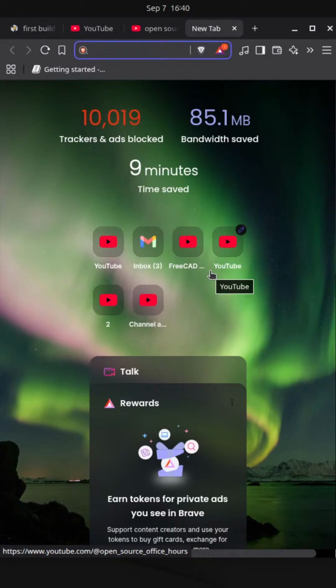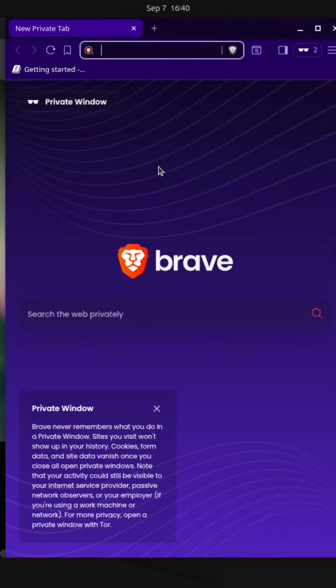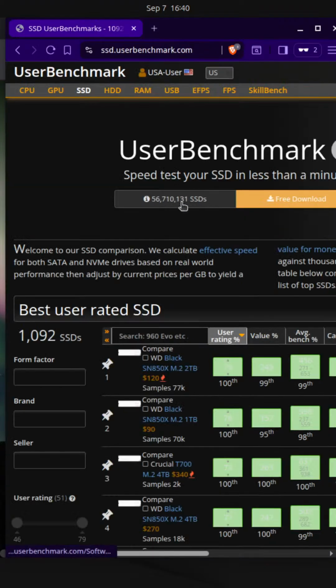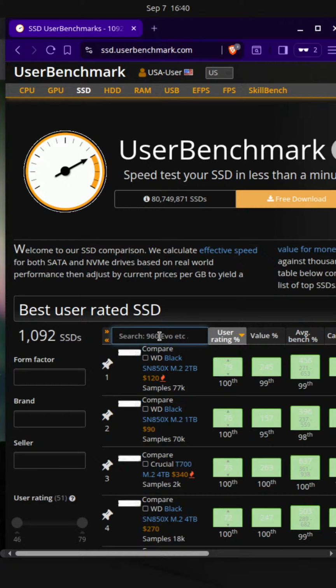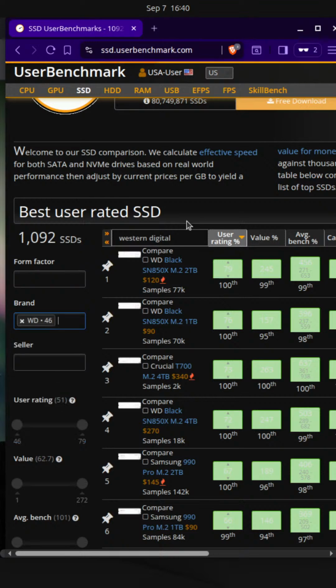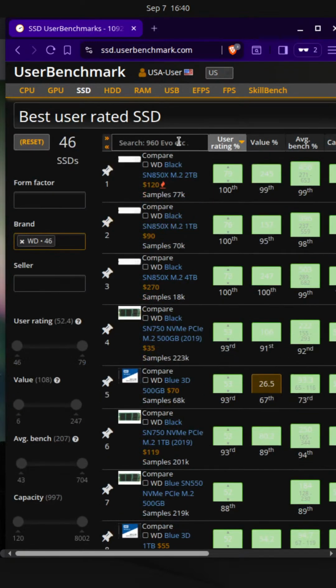But what am I looking at here? I'm looking at two SSDs. One is, I wonder if there's SSD compare. Let's do that. SSD compare. I wonder if they'll have it. Let's do Western Digital. Maybe I should do it here. WD. I feel like I've had Western Digital before.